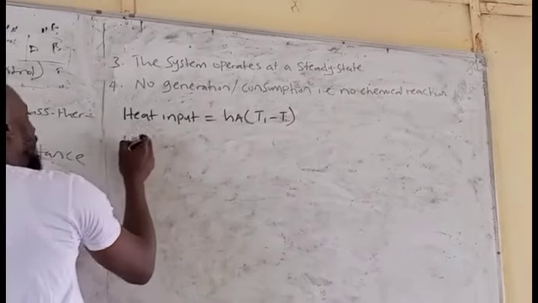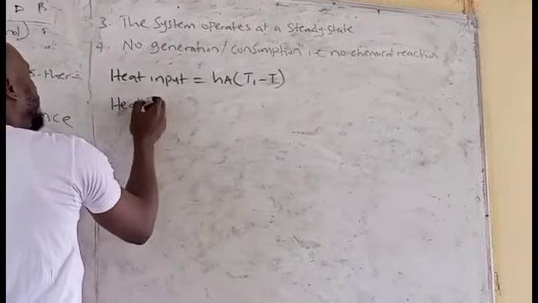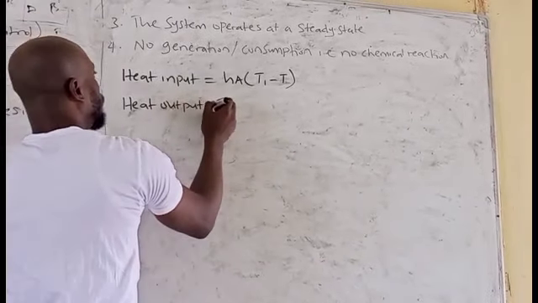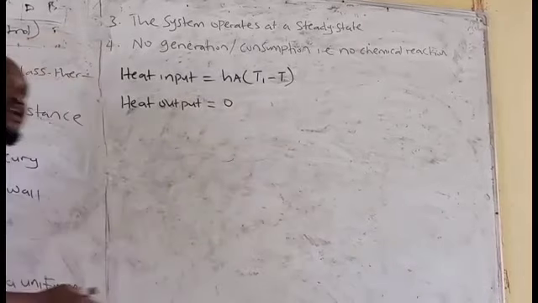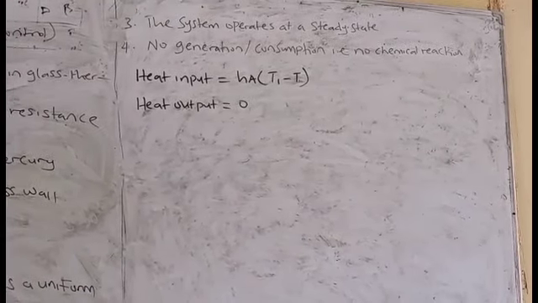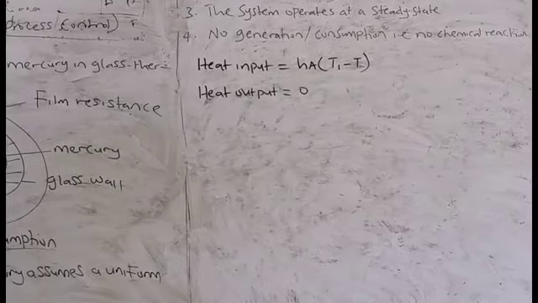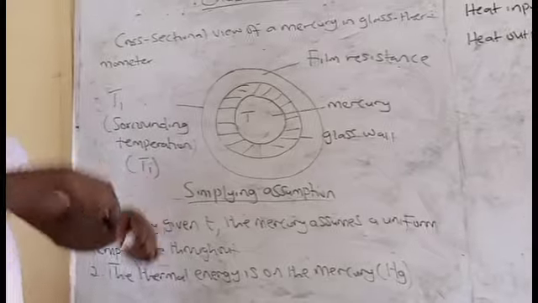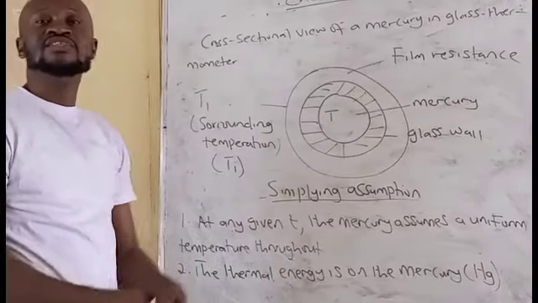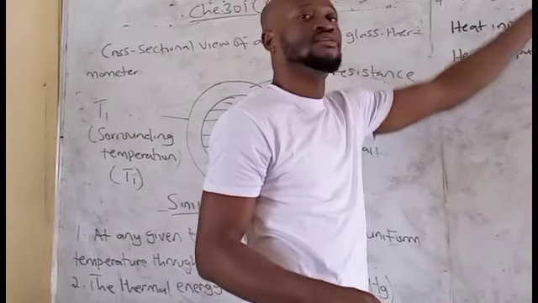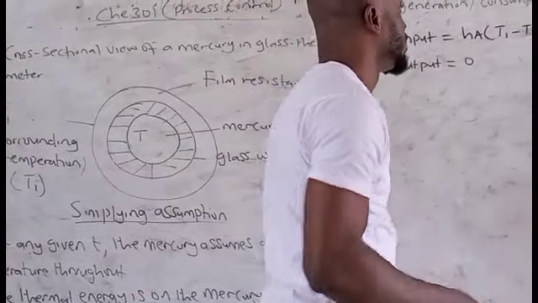Then we look at the heat output, which will give you zero. No heat is generated outside the thermometer. Heat is generated only within the inner thermometer, and that's why you have heat input. The heat input will give you hA(T1 - T).